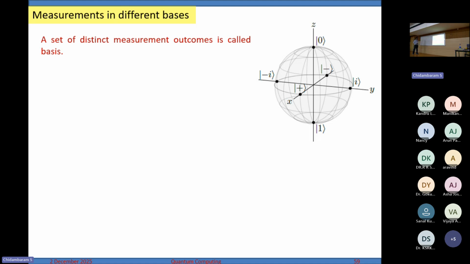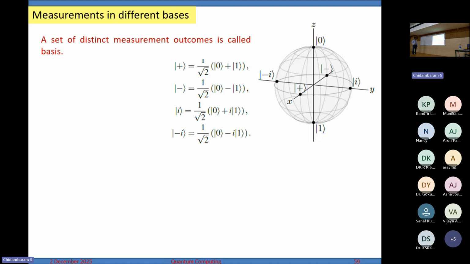So a set of distinct measurement outcomes is called a basis, right? So you have Z basis with 0, 1. You can have positive superposition, plus, wherein you have 1 by root 2 (ket 0 + ket 1), and then minus, which is the other side of the X basis, 1 by root 2 (ket 0 minus ket 1), which is the X basis.